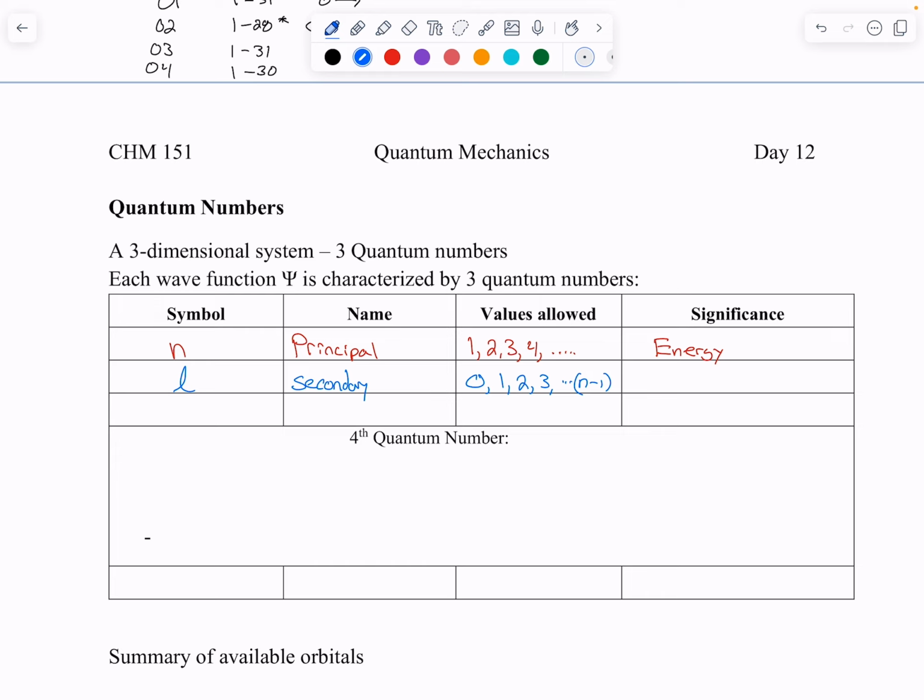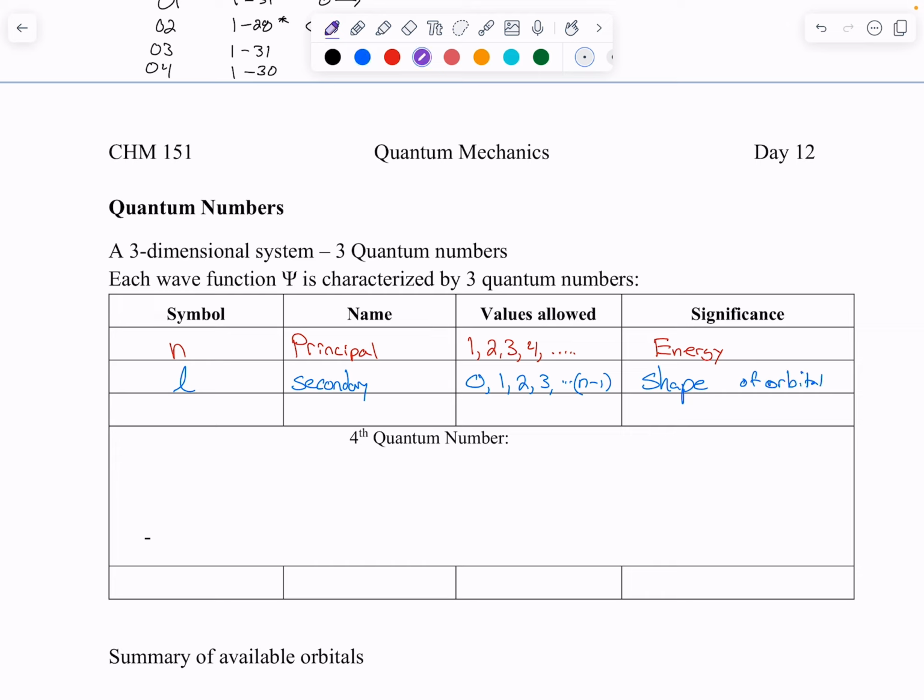There's only one option. If n is 2, L can be 0 or 1. If n is 3, L can be 0, 1, or 2. And so there are options. And the significance is the shape of the wave function, or the shape of the orbital. Think of the shape of the orbital.